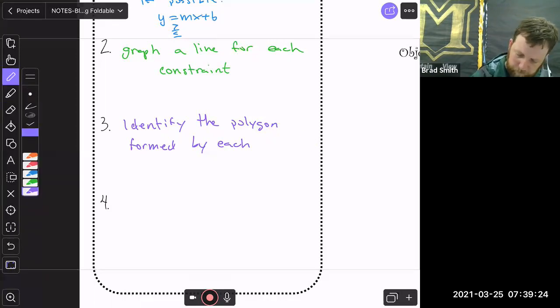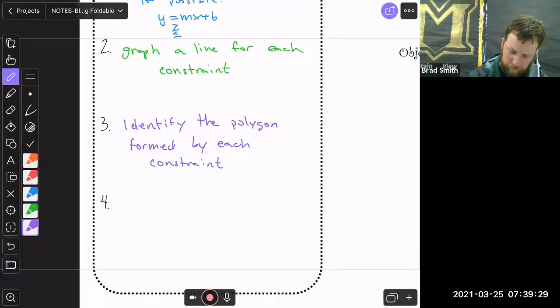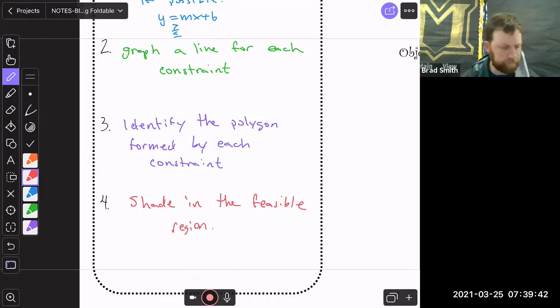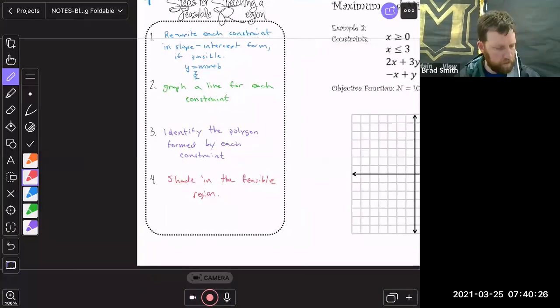And then the last one, we're going to shade in the feasible region. All right. Questions yet?